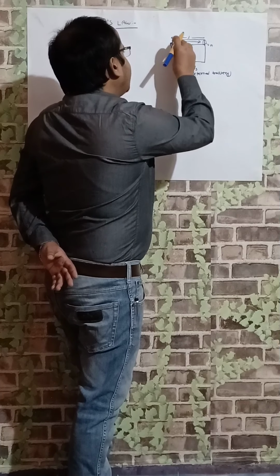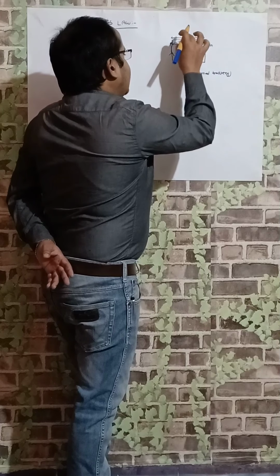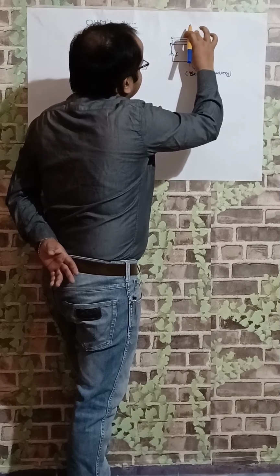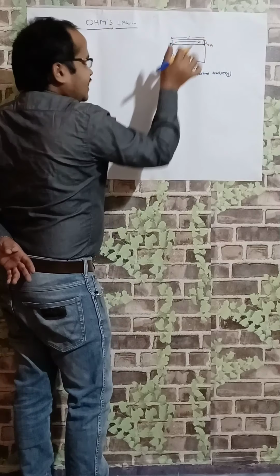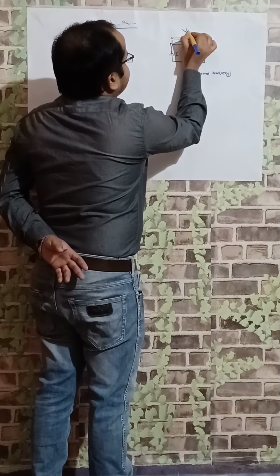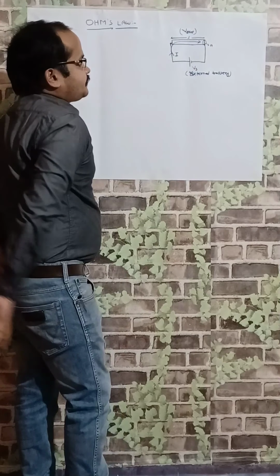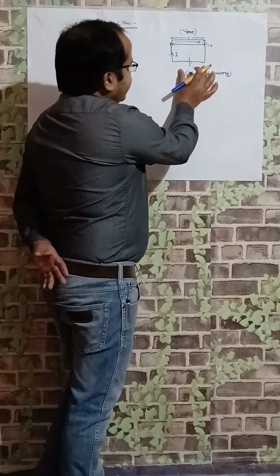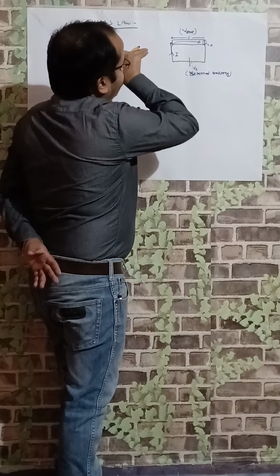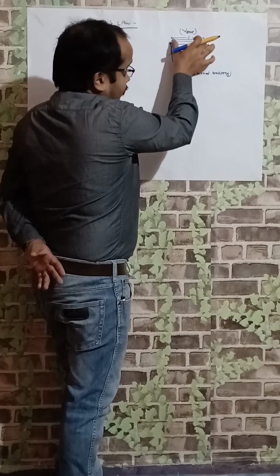If some current is flowing through this element, then some voltage drop, let us say V drop, will take place across this element. This is the external supply from which the current I is coming and flowing through this element, and due to this current some voltage drop takes place across this element.